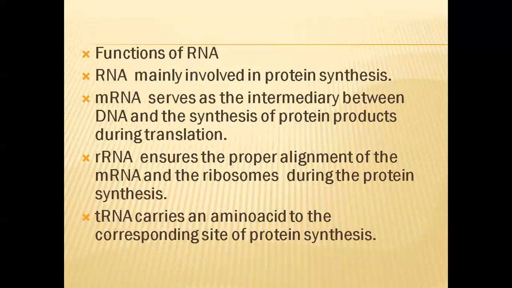There are nearly 20 amino acids, so there are 20 tRNAs. The tRNA brings the amino acids one by one, peptide bond formation takes place between the amino acids, and the protein molecule is formed. So these are the functions of RNA. Thank you.